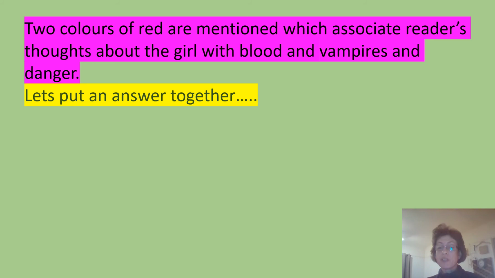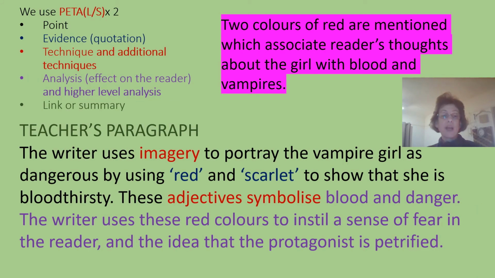So we put an answer together in breakout groups or as a class. And this is my answer, which I offered as a model to the students at the end of their work.